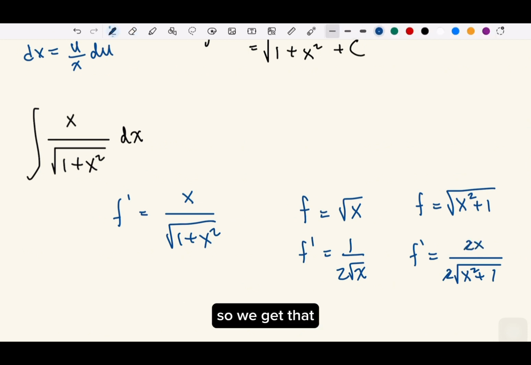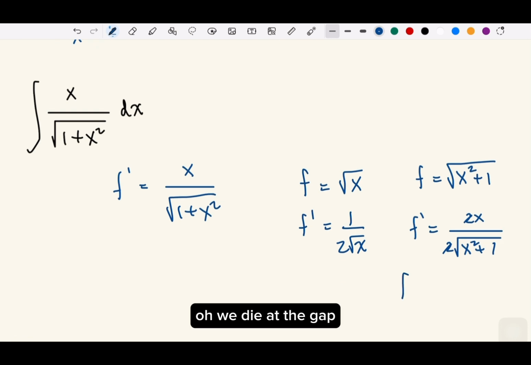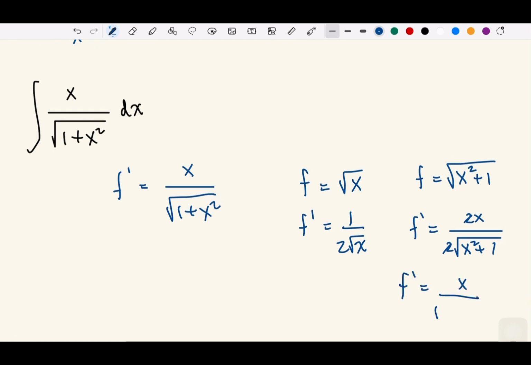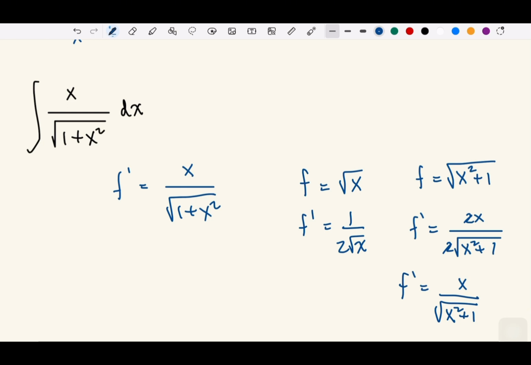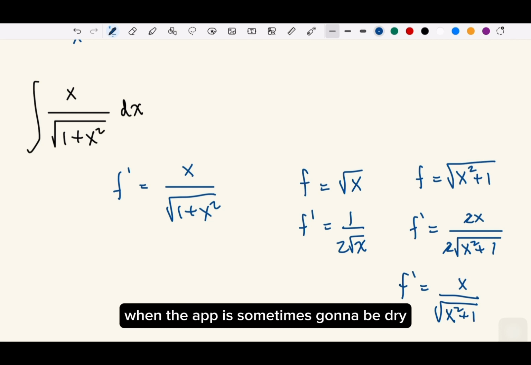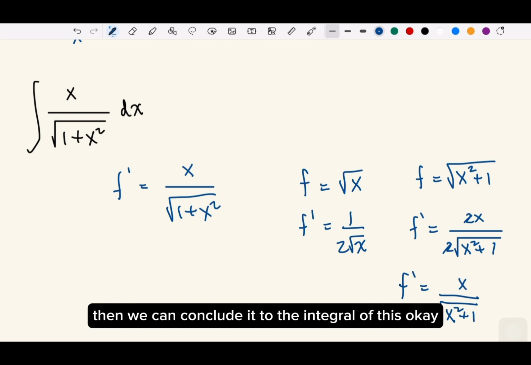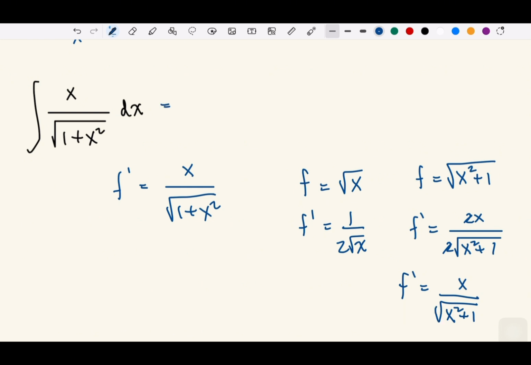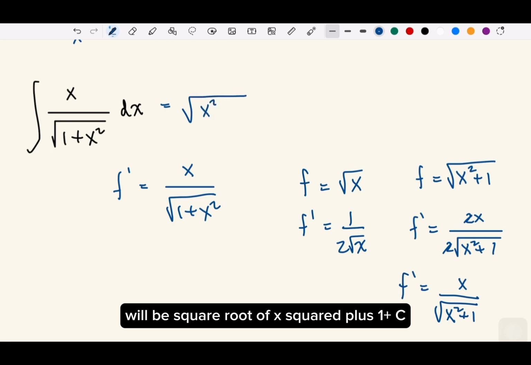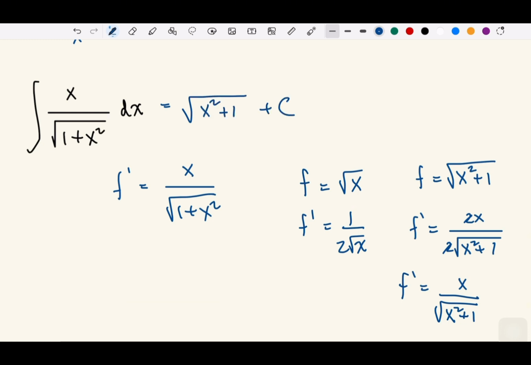So we directly get that. So within this statement, we can use this method: when f is some function and we derive it, we can conclude that the integral of this will be the square root of x squared plus 1 plus c.